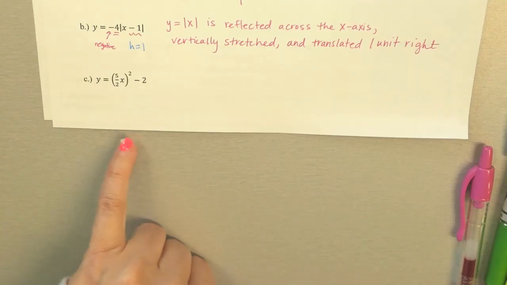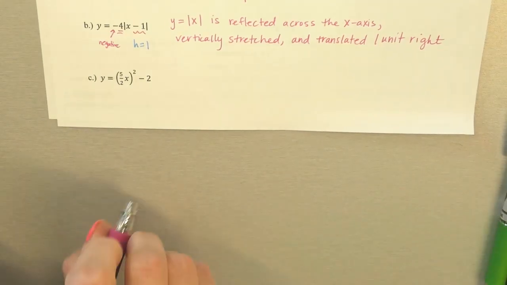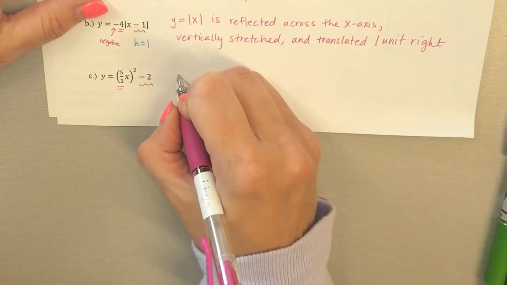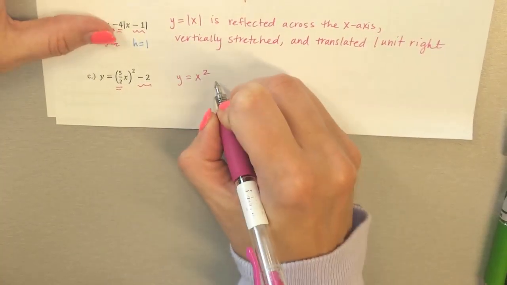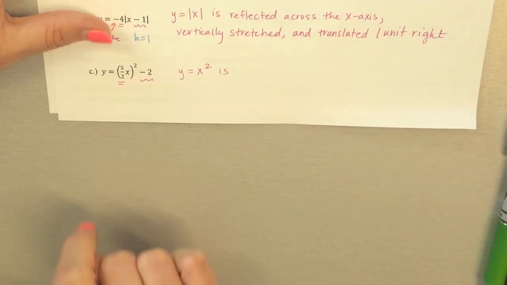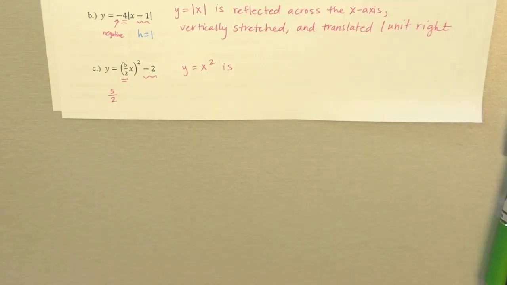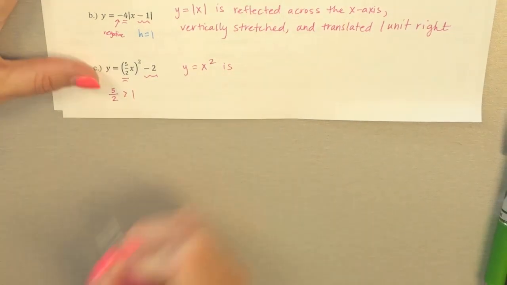All right, and then here, you have this inside and you have this outside. So y equals x squared is, now 5 over 2 is a fraction, but 5 over 2 is what number? 2.5. So how does that compare to 1? Yep.